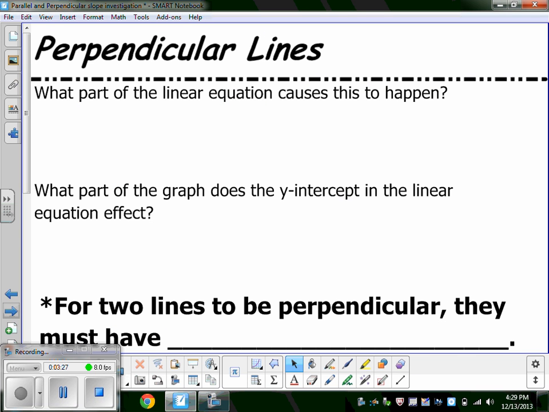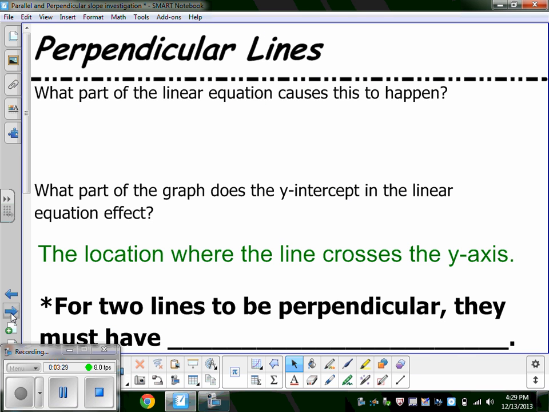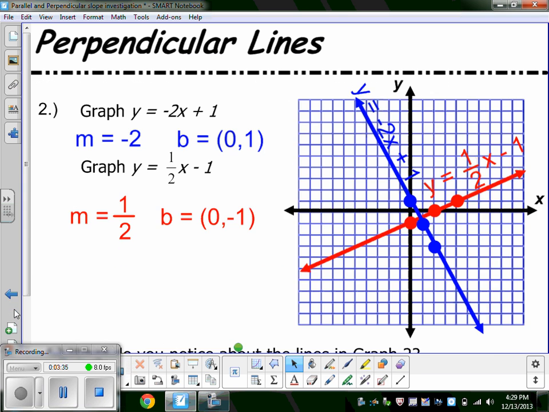So we can actually fill that in right now. That being said, that won't be the part that is going to cause these two lines to become perpendicular. The other part that we can focus on would be our slope.